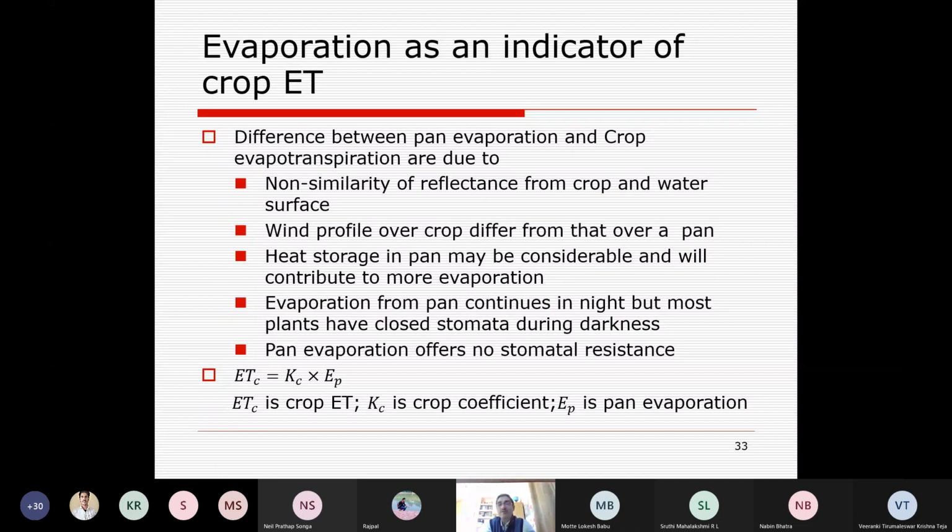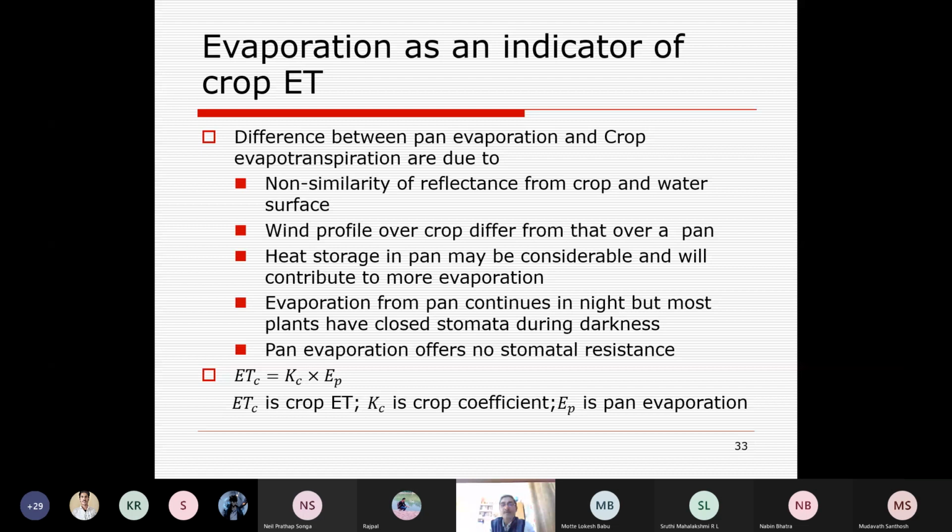So, the difference between the pan and the crop: what is coming, it has a different zone in the area, it will have more radiation.